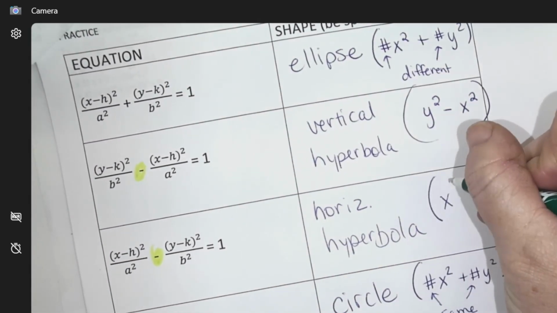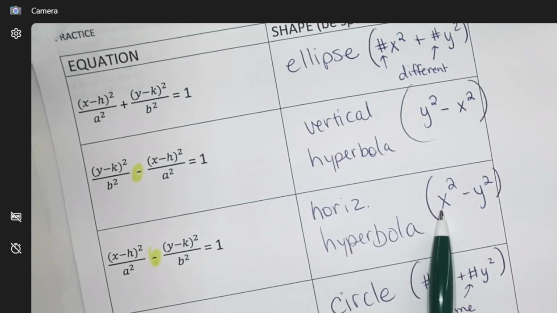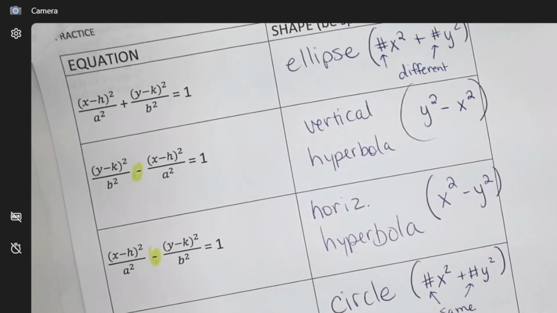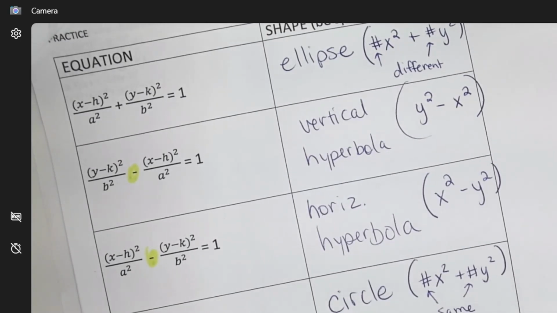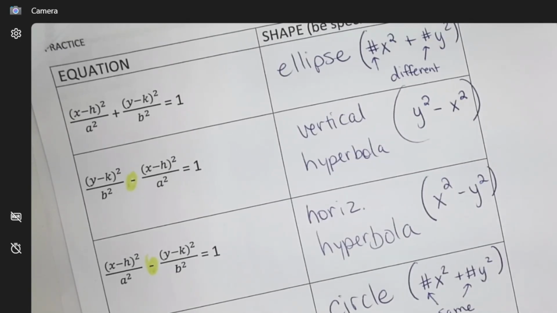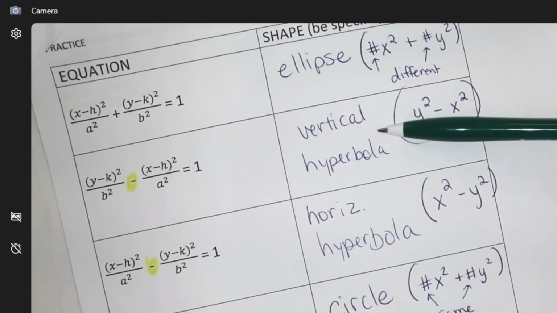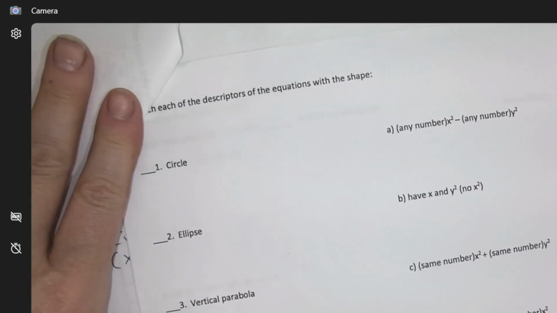How can I identify it? Because there's a positive x squared but a negative y squared. Okay, so that's your formula sheet. These are the shapes. Okay, flip, flip. Let's match.